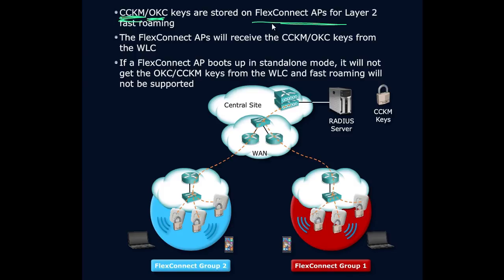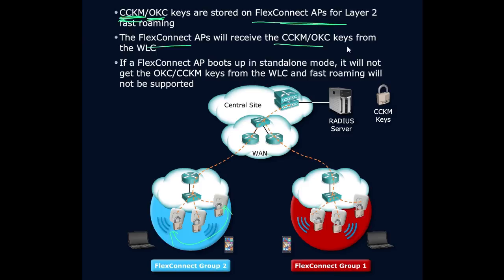So layer 2 fast roaming, let's remember what layer 2 fast roaming is. I am moving within a VLAN. So if I move from here to here, if I'm using layer 2 fast roaming, that means that these FlexConnect APs will receive our Cisco centralized key management, or the opportunistic key caching.